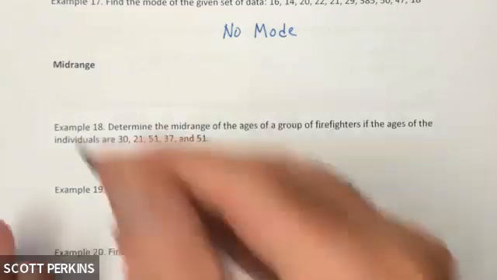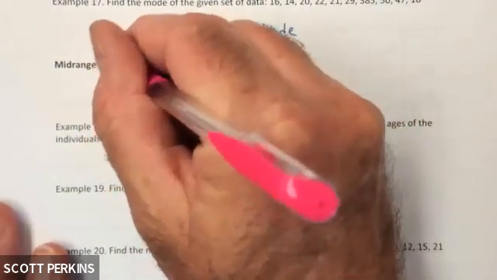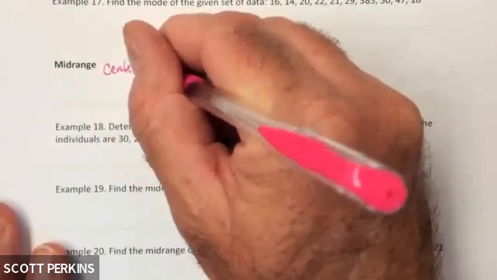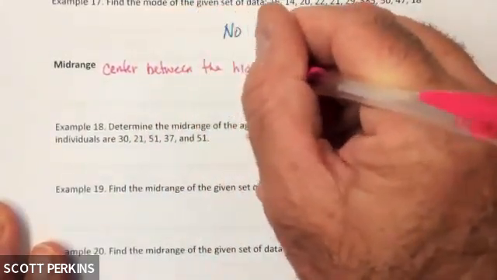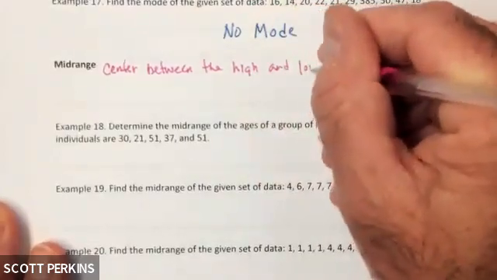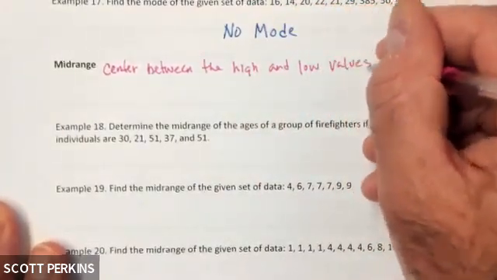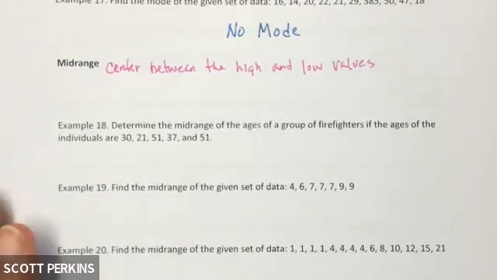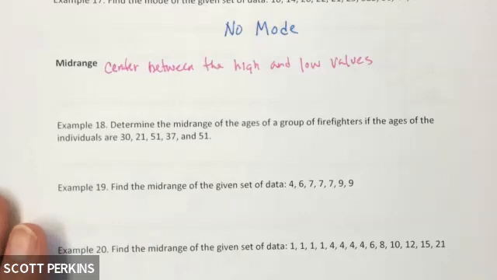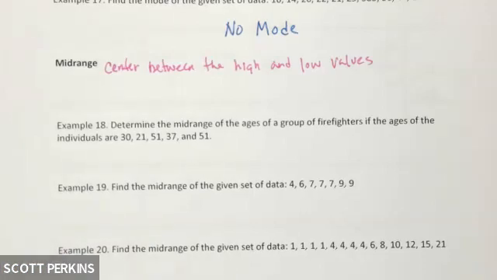So the mid-range is the center between the high and low values. It's not really useful if you have data that's really spread out or if you've got an outlying value. But again, it's good in a pinch when you need something quick.